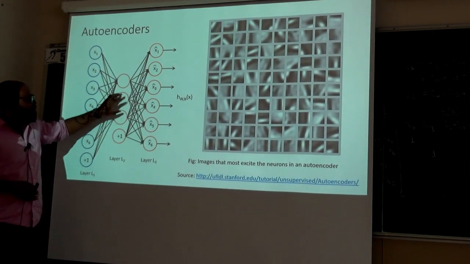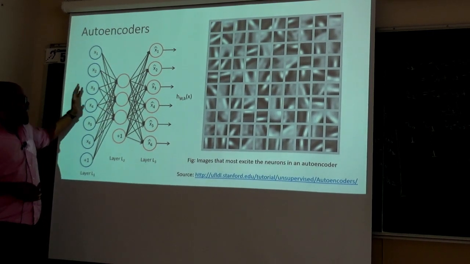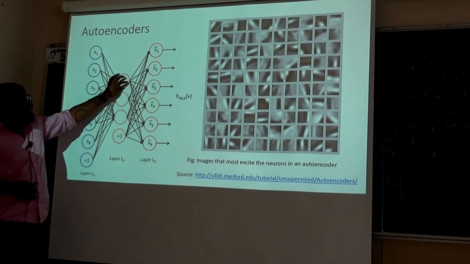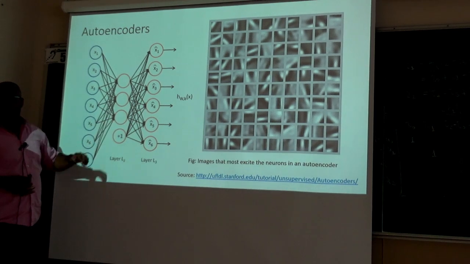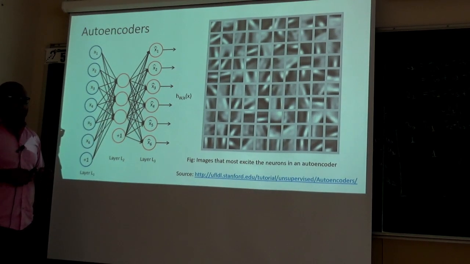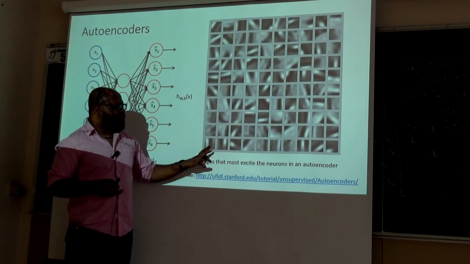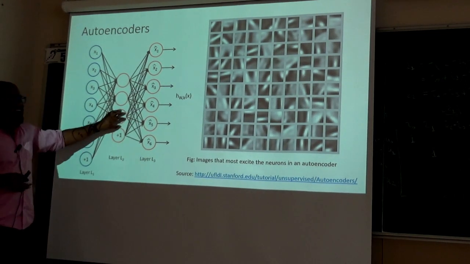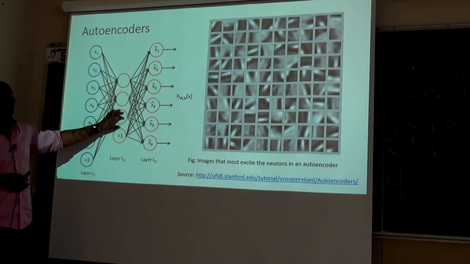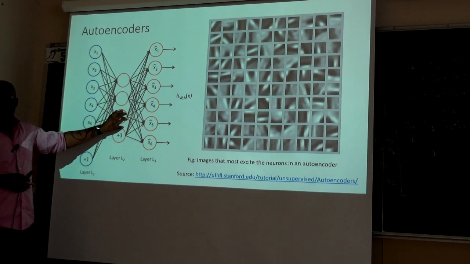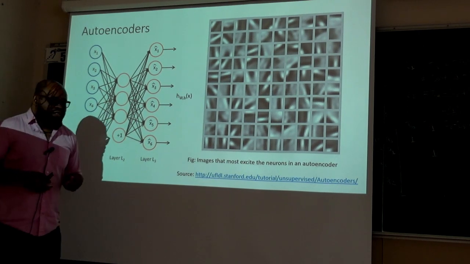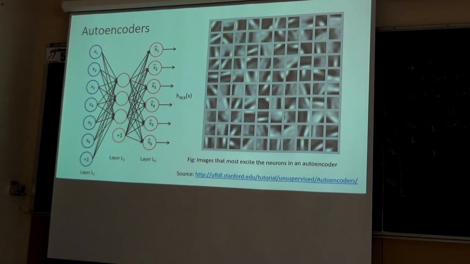And you ask, for each neuron, what is the input image that most excites that neuron? It turns out that these are the types of images that most excite the neurons in an autoencoder trained on natural images. Okay? So this gives us a data analysis opportunity.